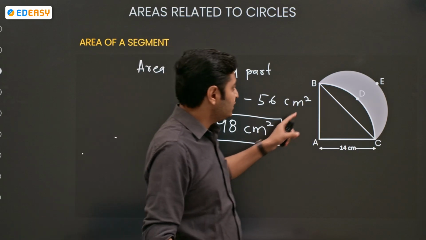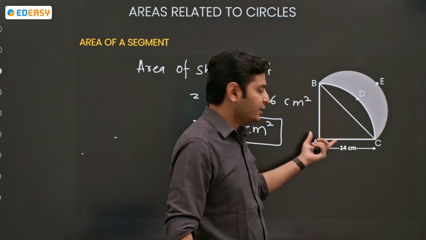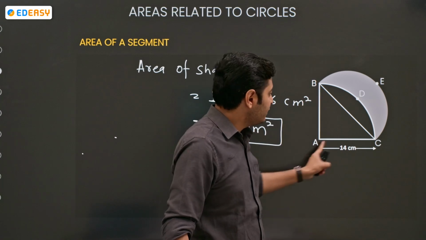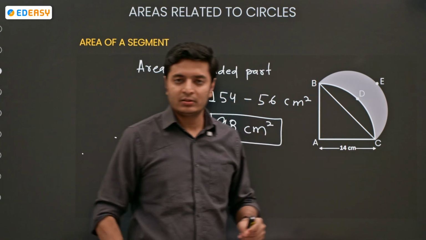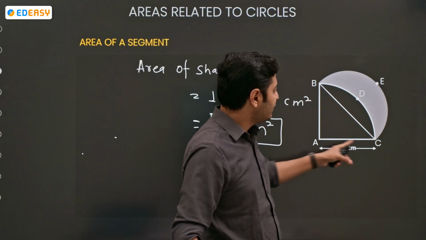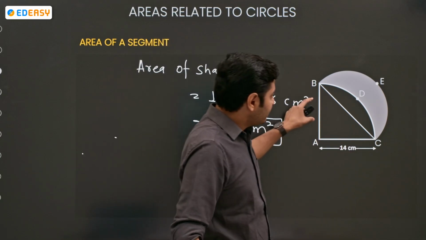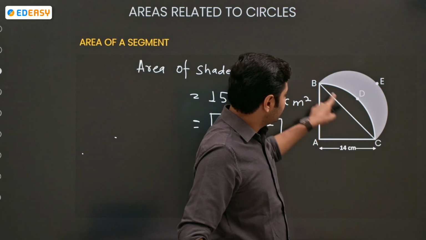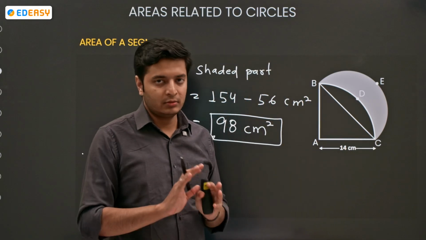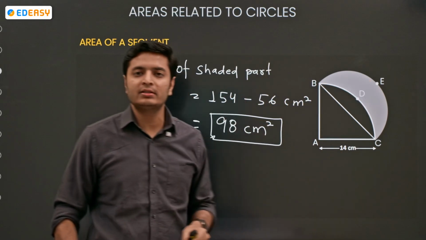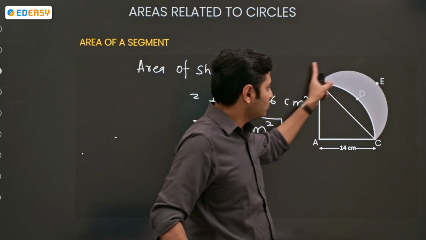Now you understood how to find the area of this shaded portion. First we find the area of this sector, because it's a quadrant, so the angle is known to us and we can easily find it. Then we find the area of this triangle. This is also easy because it is a right angle triangle, so base and height are equal. After finding these two, we can easily find the area of this segment, correct? Then we know that it's a semicircle, so its area will be half of the area of the whole circle.